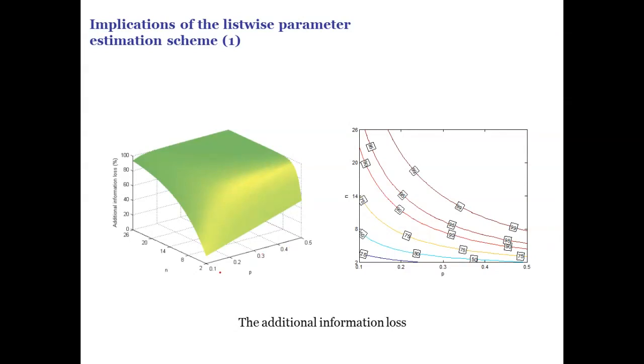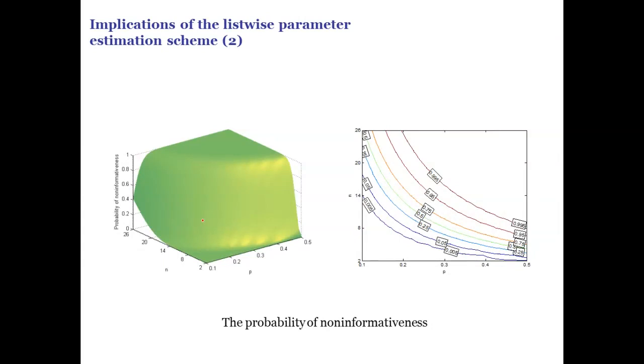As you can see, with the increase in the probability of missingness and the increase in the number of critical locations, we have a significant increase in the additional information loss if we use this listwise parameter estimation scheme.